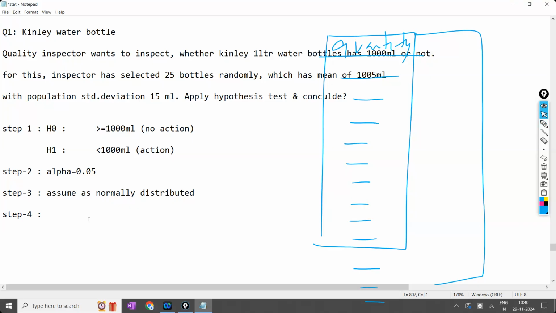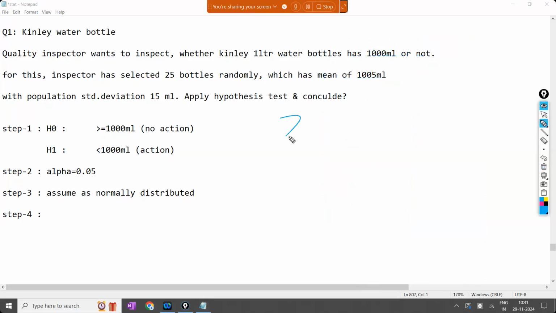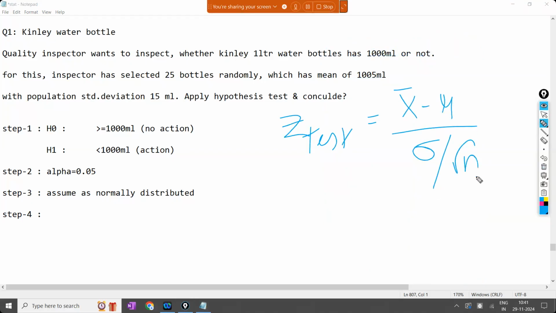After selecting the one sample Z-test, the next step is to apply the test. For the test we have the formula: x bar minus mu divided by sigma by square root of n. Sir, isn't that the z-score? No sir.